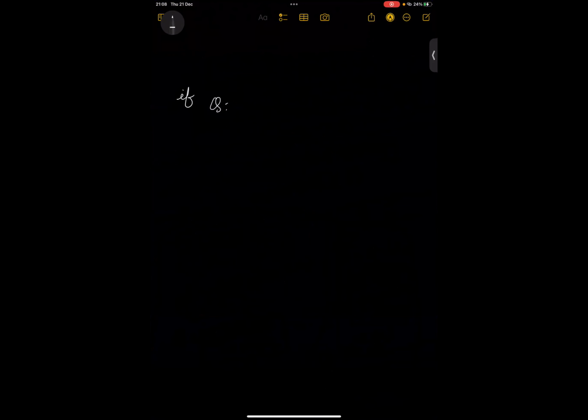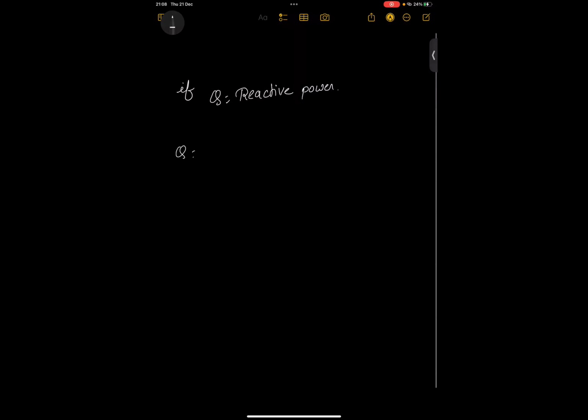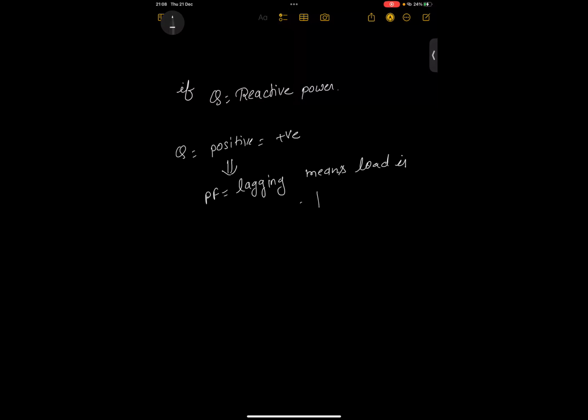If Q is reactive power, Q is positive, means power factor lagging, means load is inductive nature.